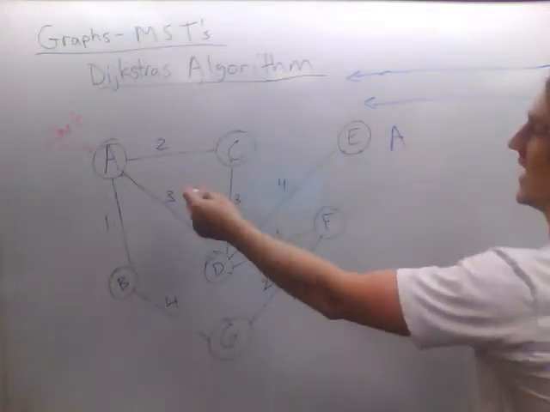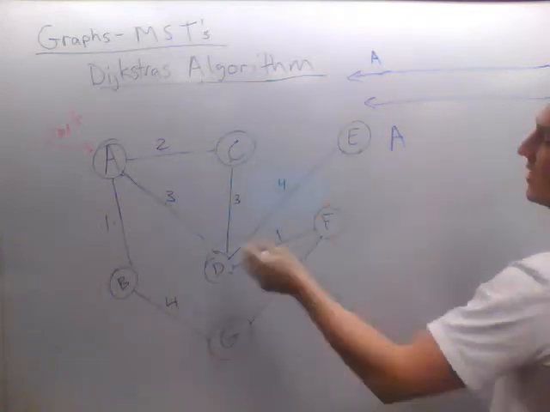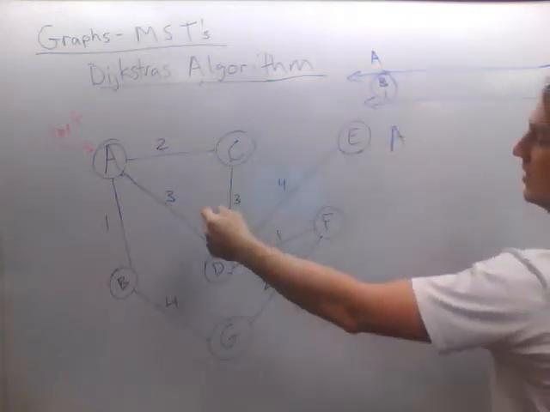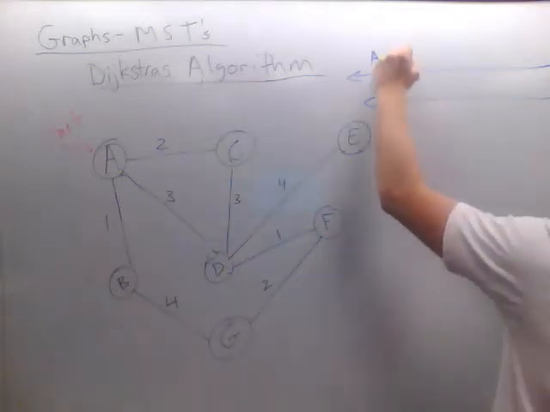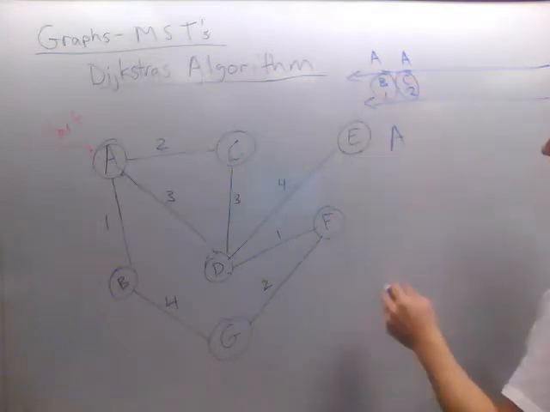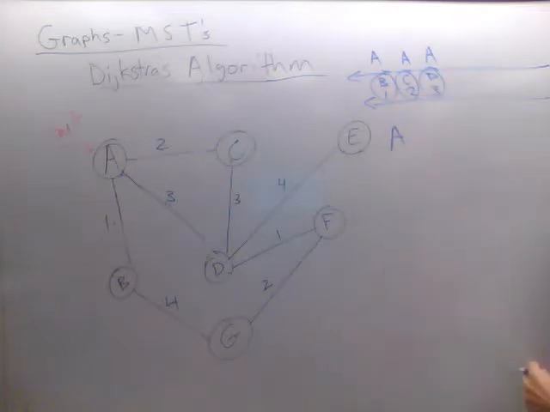So A can go to B with cost 1, A can go to C with cost 2, and A can go to D with cost 3. So once I've added all of its neighbors, I'm done with A.